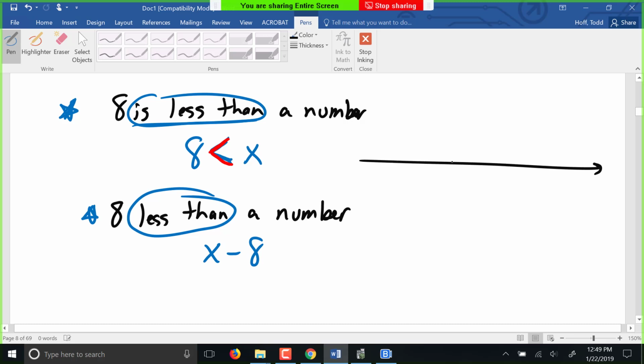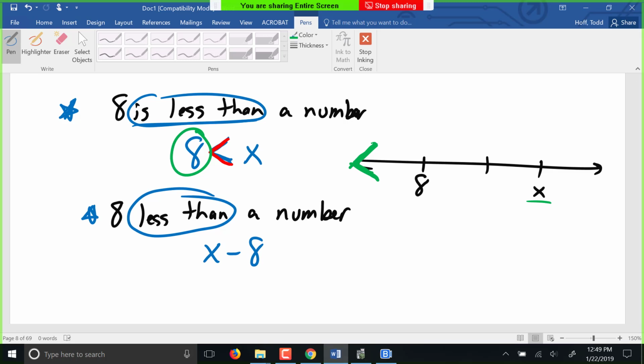Where those symbols come from: 8 is less than X. What that's saying is we have 8 somewhere and we have X somewhere on our number line. 8 is less than X is saying 8 is on this side of X. So the less than symbol actually comes from the arrowhead on the left end of the number line. That is the smaller end of the number line. So 8 is on this end of the number line compared to X.